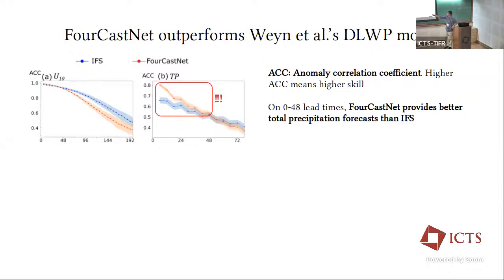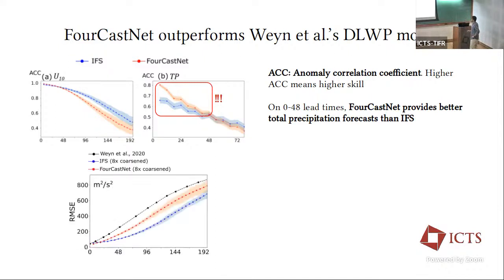Of course, the trend changes for longer lead times, but this shows that data-driven weather prediction shows promise, and that's all when there's no physics embedded in the model. So I'm sure they're working on embedding physics one way or the other to improve their forecasts.